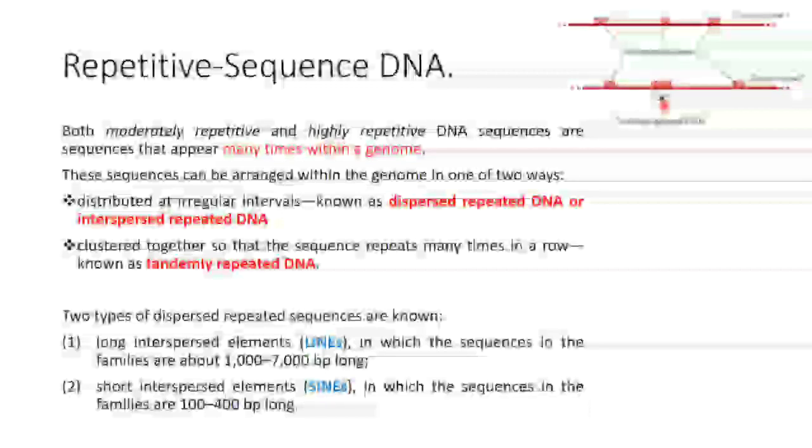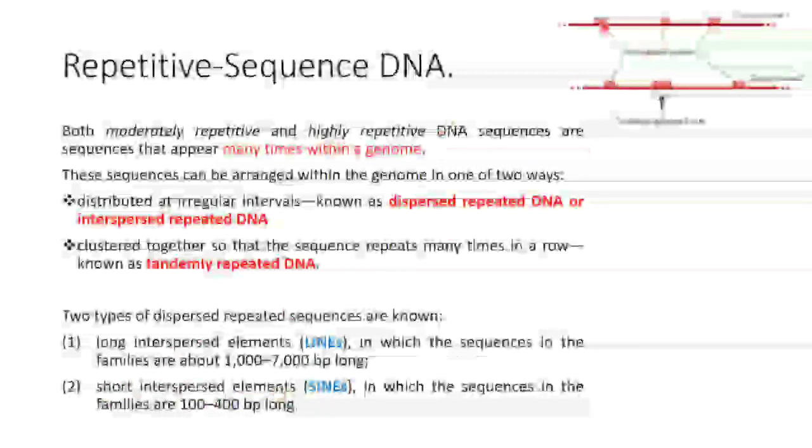So based on the arrangement, the repetitive sequences are divided into two classes, interspersed or randomly repeated DNA. Regarding the interspersed, guys, if the sequence is short, between 100 and 400 base pair long, we call this sequence SINEs, for short interspersed nuclear element.